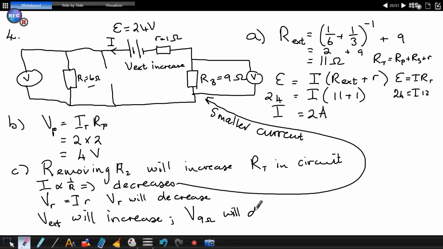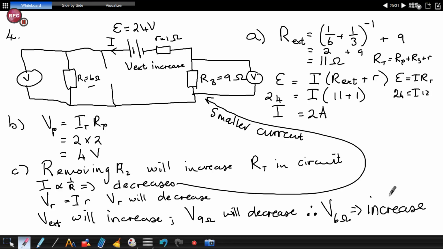It will decrease. Am I right? So V external will increase, but the V9 ohm will decrease. So what will happen to the voltage across the 6 ohm resistor? That increases, this decreases, so what? Yes, it will increase.